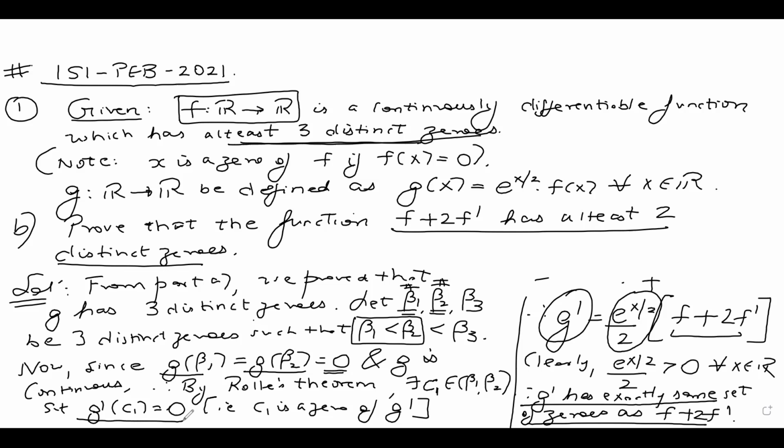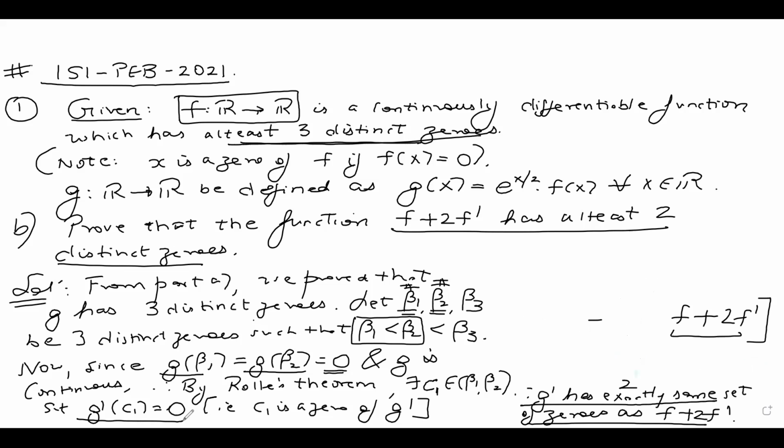Now I can repeat the same process between beta 2 and beta 3. So if I erase this particular part, I can repeat the same process between beta 2 and beta 3.